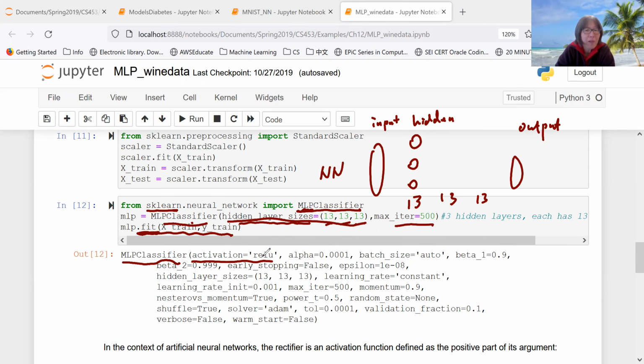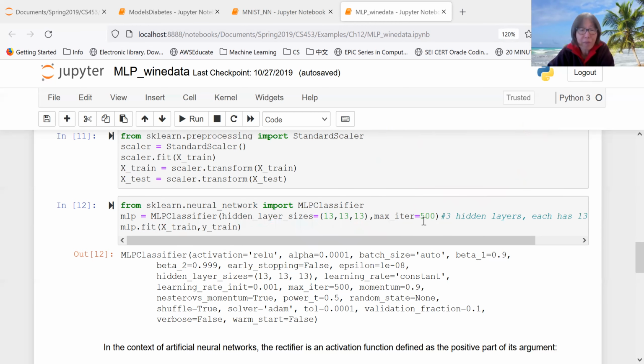Okay, and this alpha basically is for the regularization. Okay, regularization and batch size. Okay, and so hidden layer size and the learning rate. So there are quite a number of parameters, and you can go to the official documentation about the MLP to get more idea. Okay, so here we just gave an example.